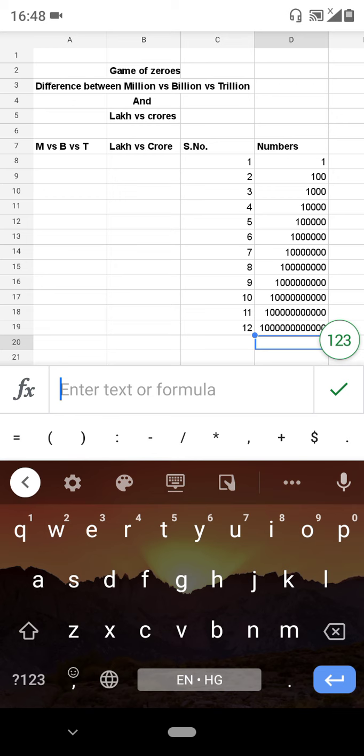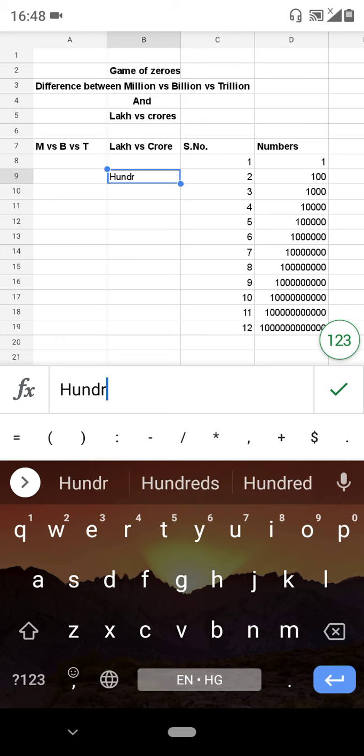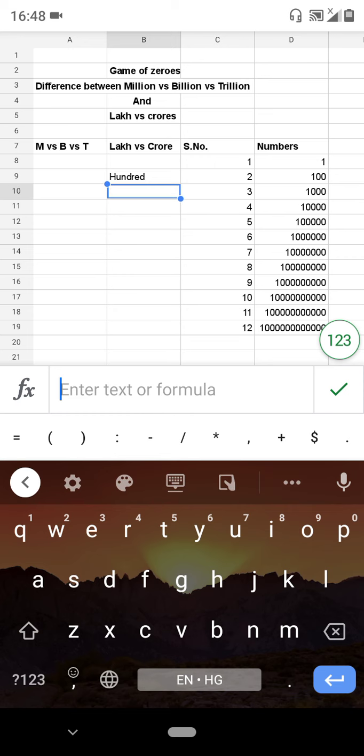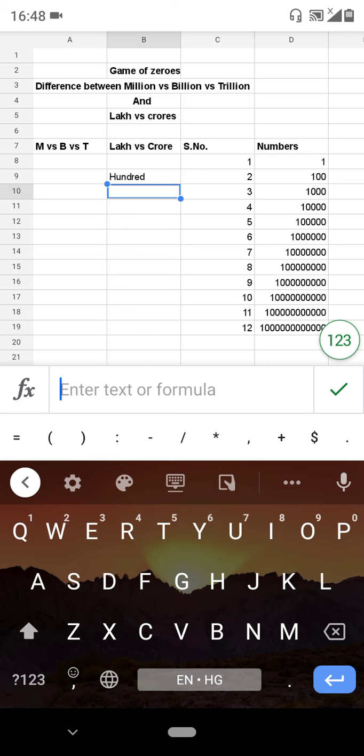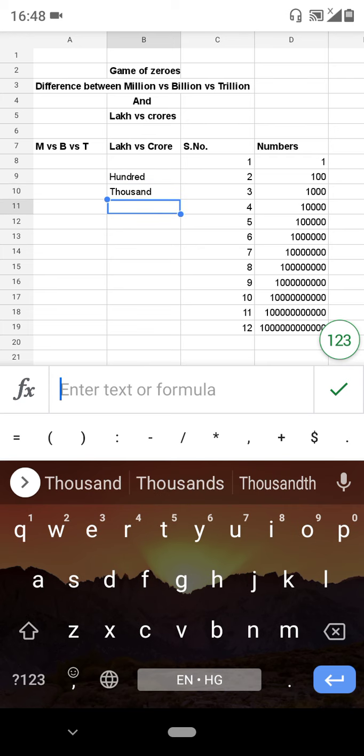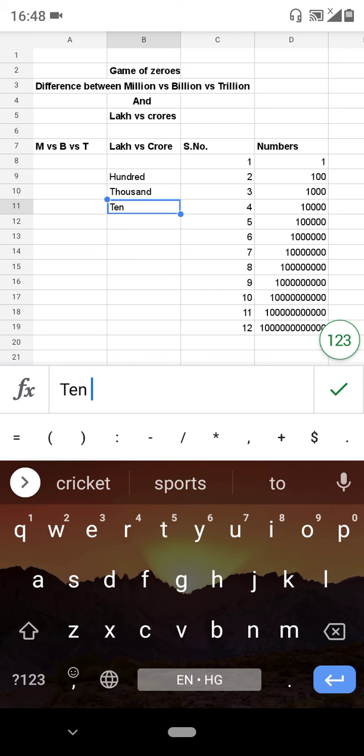So let's see how we call each number. I hope you are aware of this. We call this 100, right? We call this 1000, we call this 10,000.